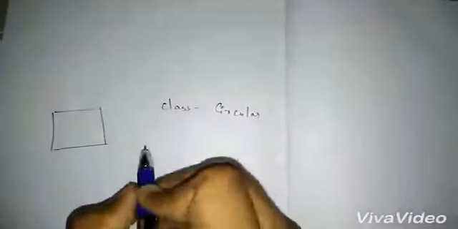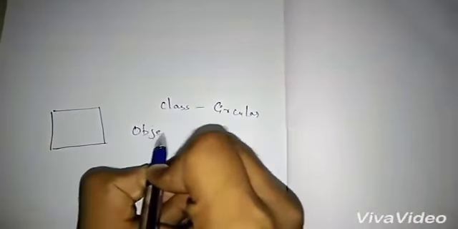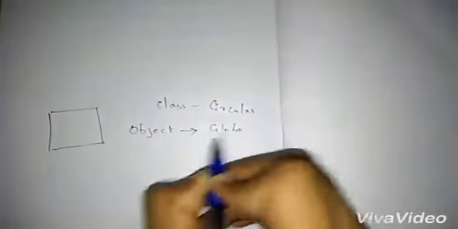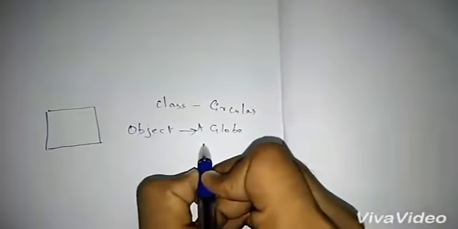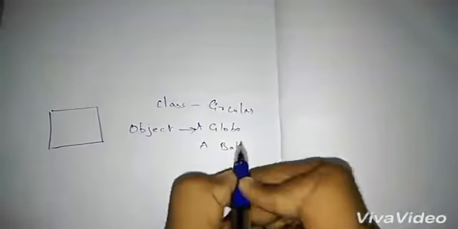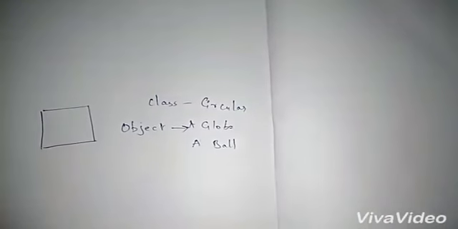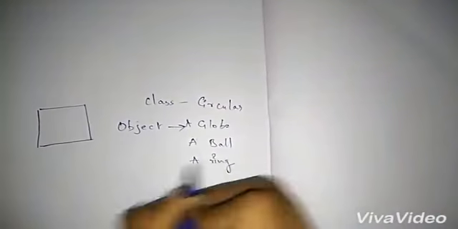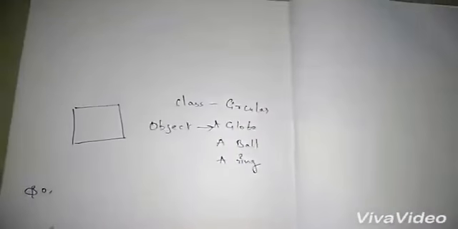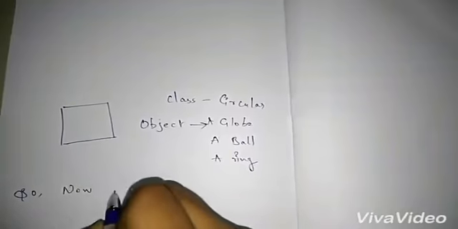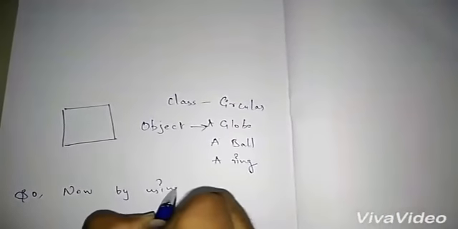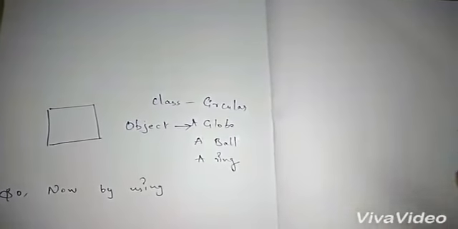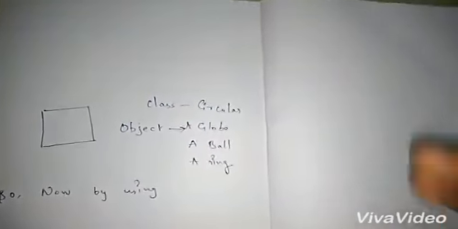Now the object could be, we can use the class to make something circular like a globe, a ball, or even anything that is just a bit circular or a ring. So now by using the class, we can make anything that is circular. So now I think you understood what is the difference between a class and an object.